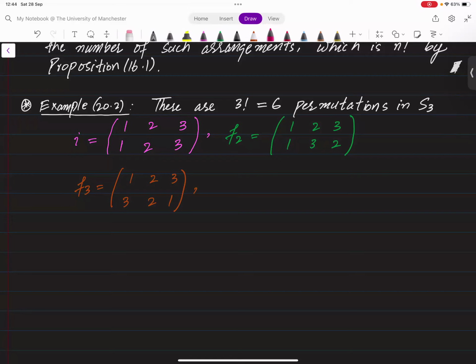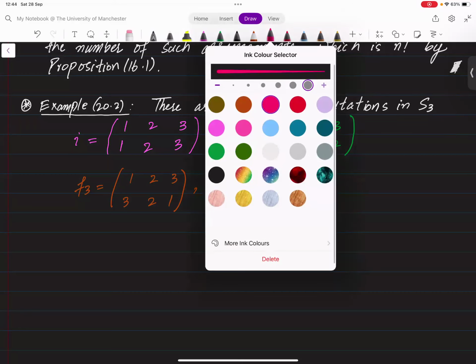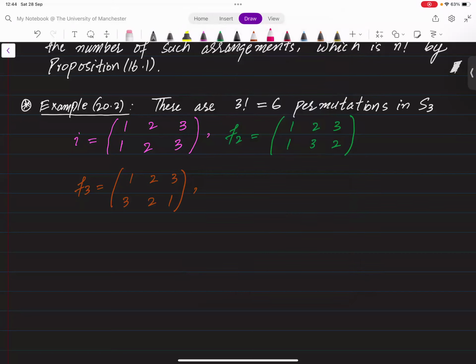Then we have F4, which is sending 1 to 2, 2 to 1, and fixing 3.